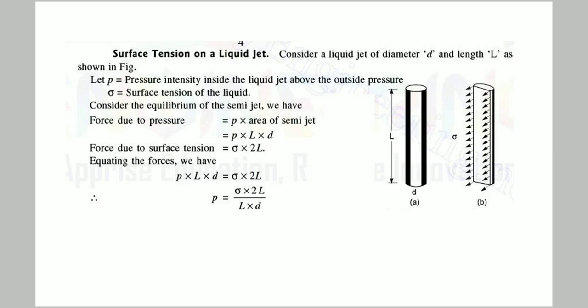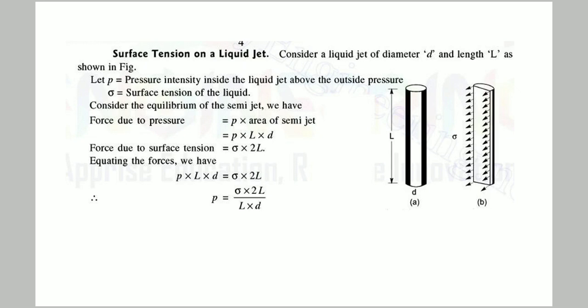Now, surface tension in a liquid jet. Consider a liquid jet, which will be mostly cylindrical in shape if we take a section. Let the diameter be d and the length be L. The pressure intensity is P, and the surface tension is sigma. Let's take a semi jet, that is, we cut the jet into halves and consider one half.